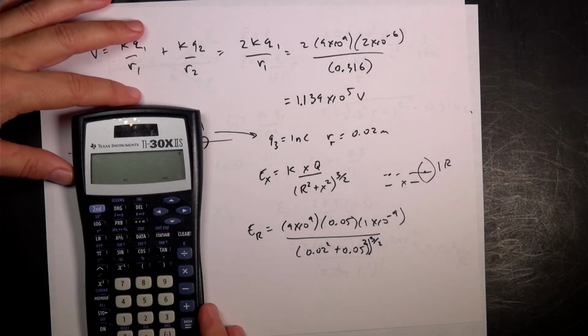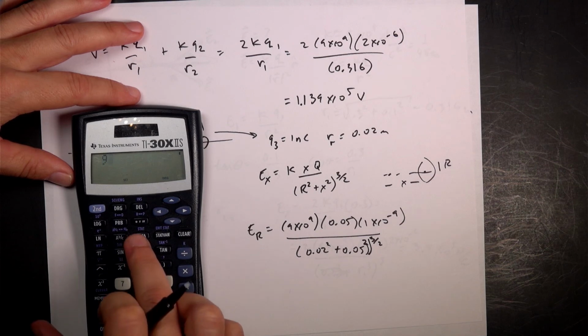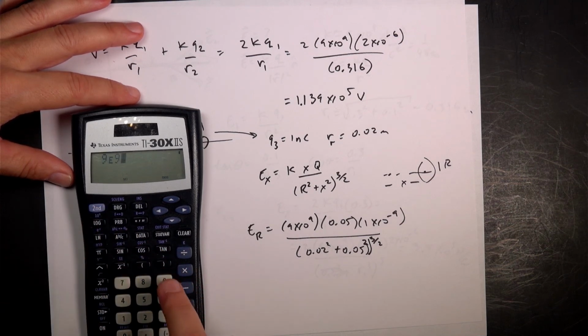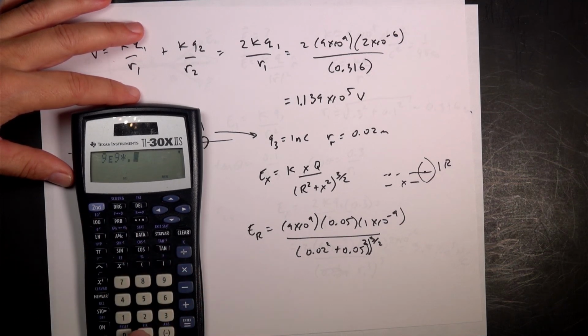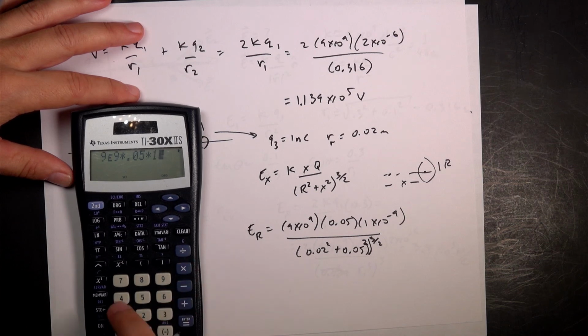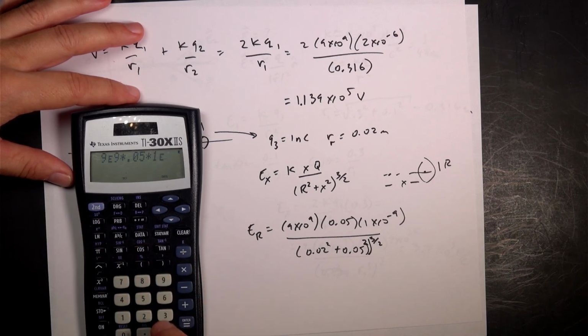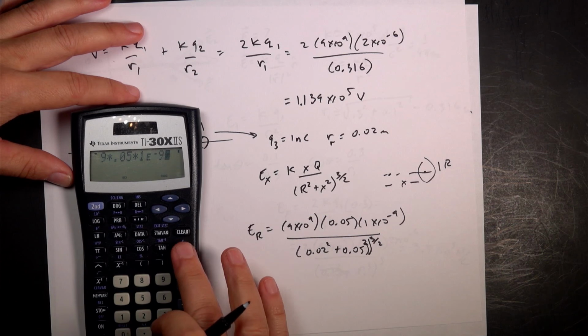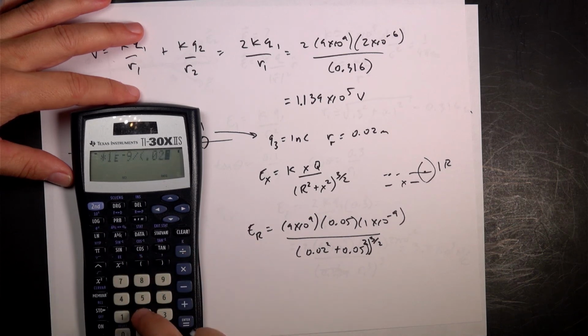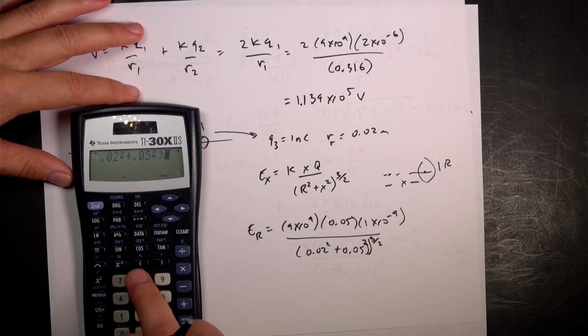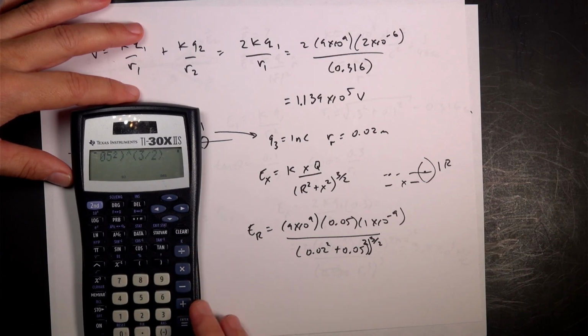Let's see if we can get this in the calculator. So I have 9 times 10 to the 9th times 0.05 times 1 times 10 to the negative 9th divided by parentheses 0.02 squared plus 0.05 squared, close parentheses, hat, parentheses, 3 divided by 2, close parentheses, please work.